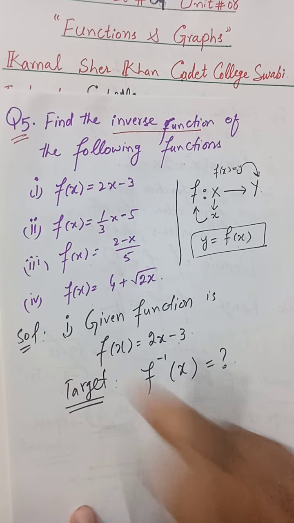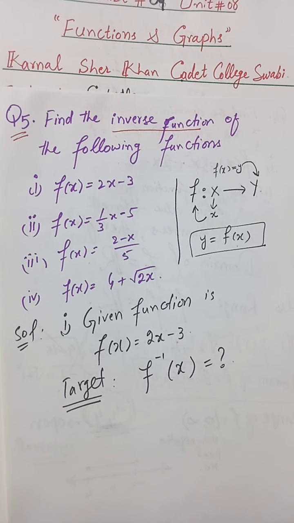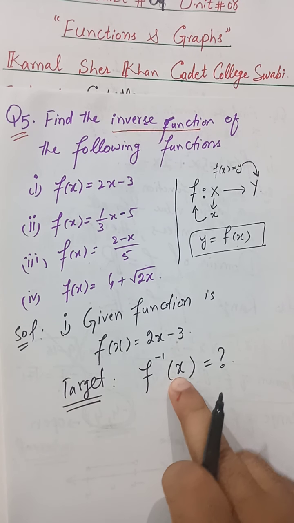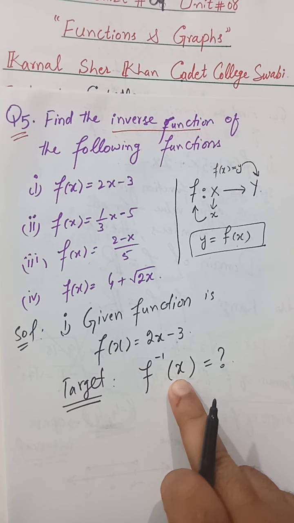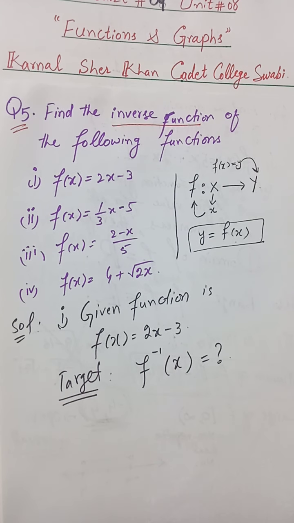When you compose these two functions, you will get x, meaning the identity function. You know f of x is equal to x is the identity function. Whenever you get identity from the composition, those two are called inverses. So this is the inverse of this function.